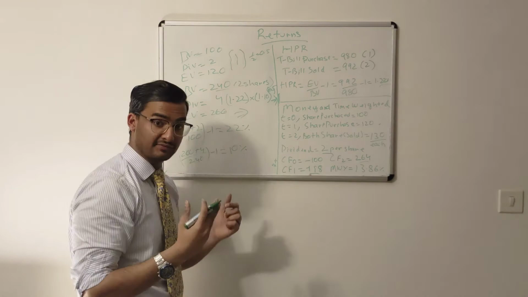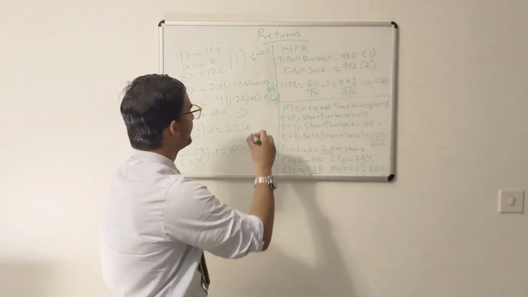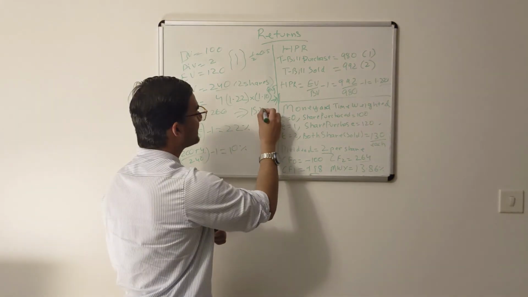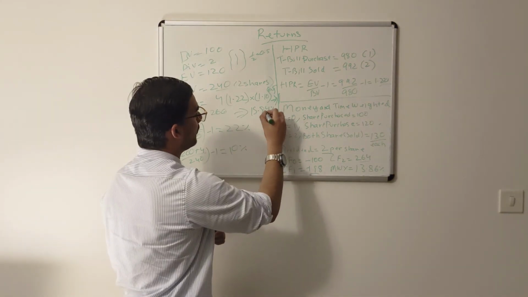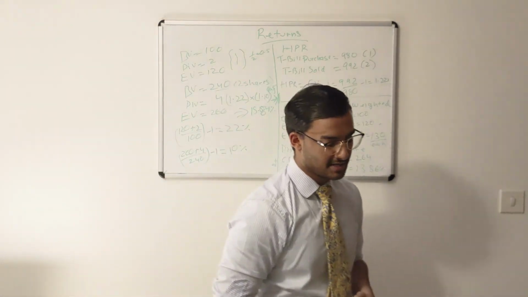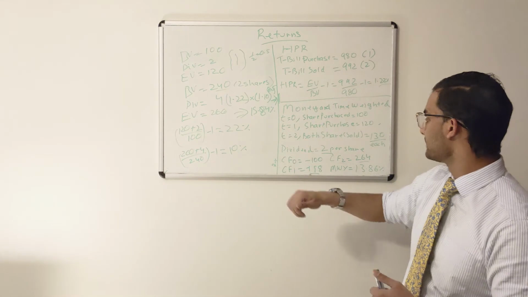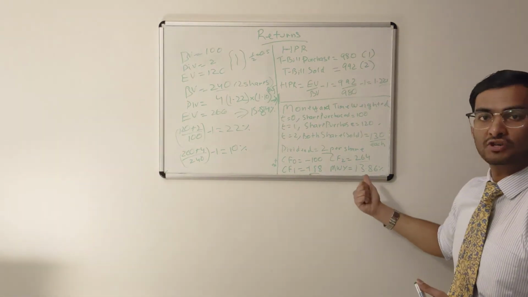The final value of the answer you will be getting is 15.84%. Your time weighted rate of return, as you can see, 15.84%, is more than your money weighted rate of return.